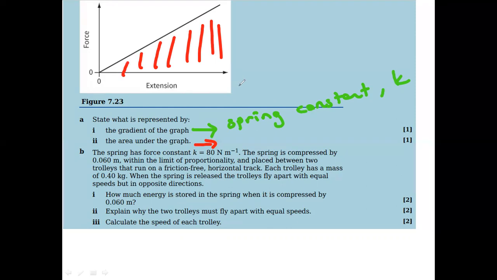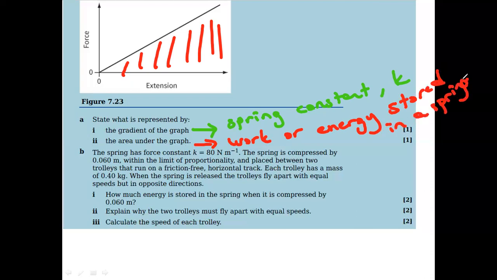And we also know that work is equal to the energy stored in a spring. So the area under the graph is going to be work or energy. Energy stored in a spring. Yep, so these are the answers for the second question. We have also done this one.